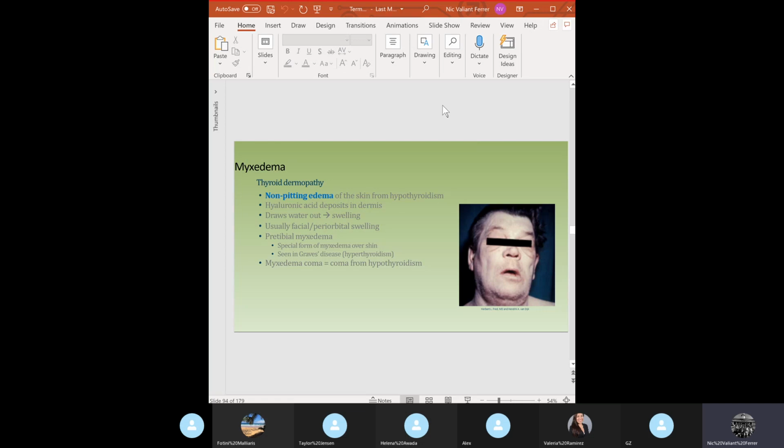High-yield: pretibial myxedema is seen in Graves' disease or hyperthyroidism. This is a special form of myxedema over the shin bone, pretibial in your legs, okay? And of course, sometimes you have myxedema coma, the most fatal consequence of hypothyroidism, which is a coma from hypothyroidism.